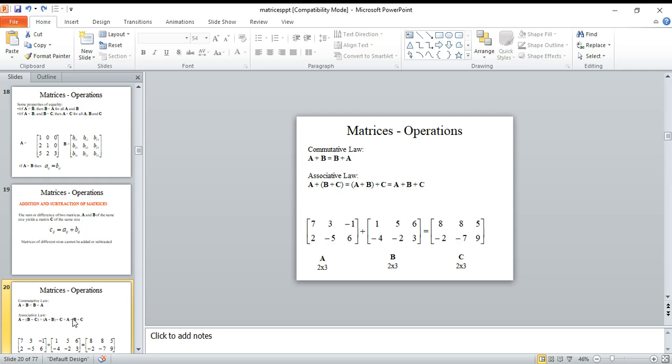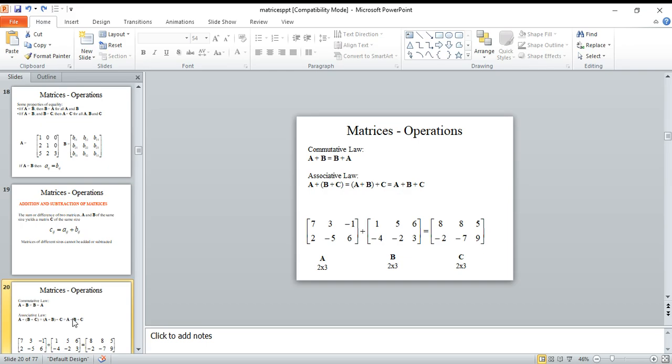See the example. A matrix: first row 7, 3, minus 1, second row 2, minus 5, 6. B matrix: first row 1, 5, 6, second row minus 4, minus 2, 3. Add the elements in the same places. The first element of A is 7 and the first element of B is 1, 7 plus 1 is 8. The second element is 3 plus 5 is 8.